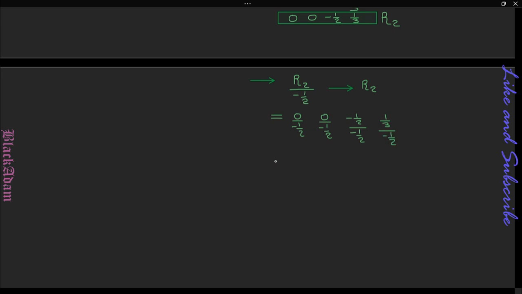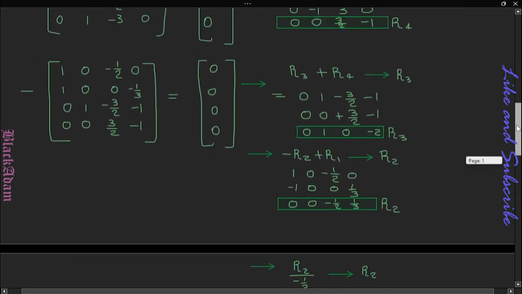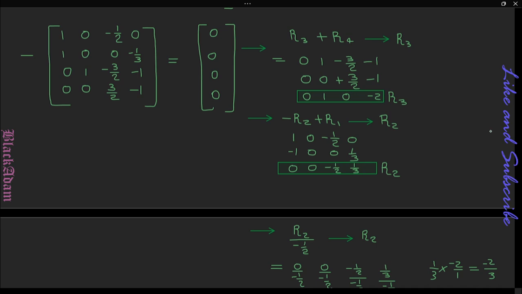That simplifies to our final answer, 0, 0, 1. Then multiplied by the inverse, that gives us negative 2/3. So that will be our answer.